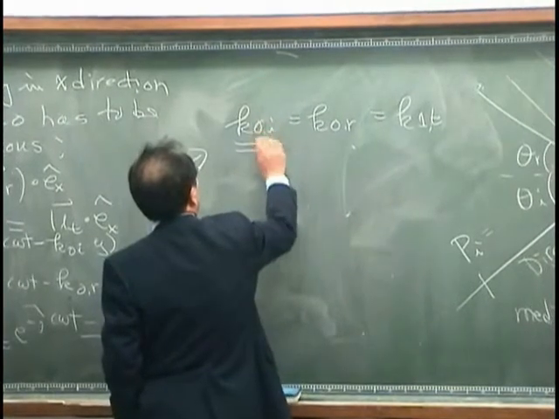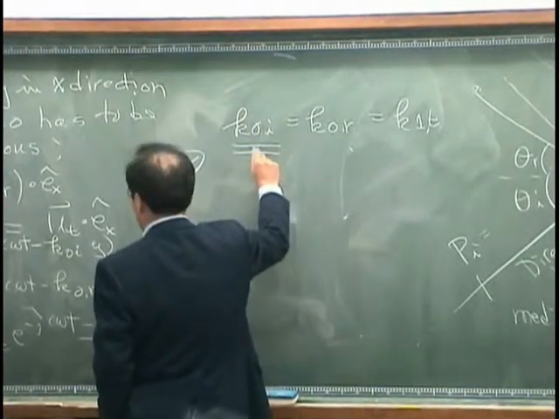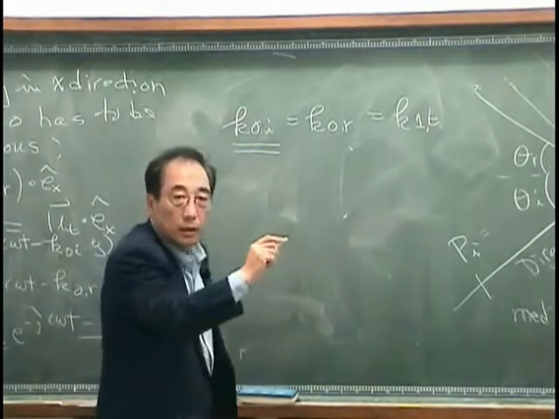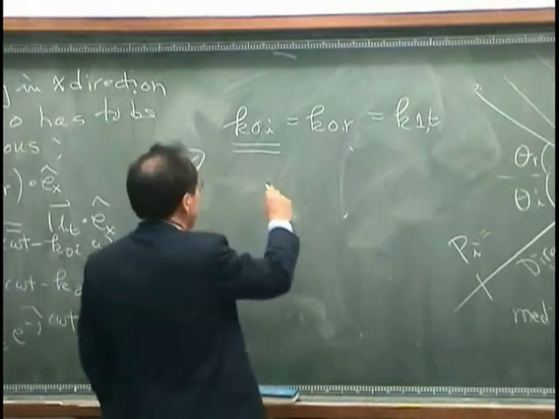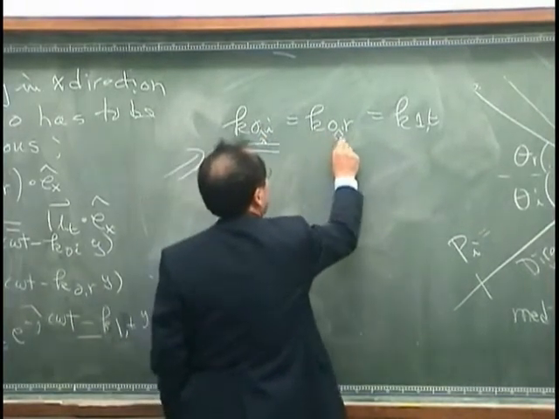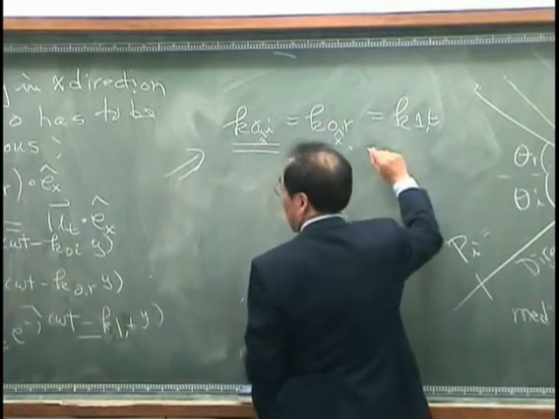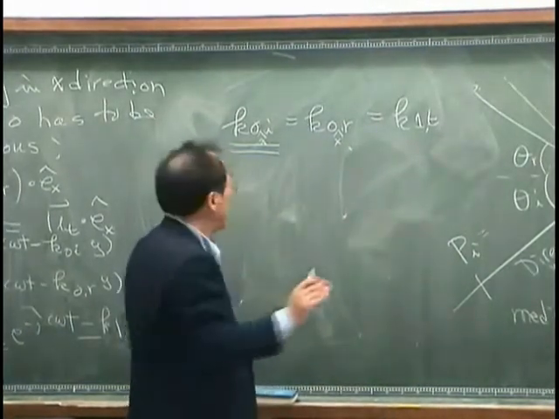K0XI, right? K0, but in X direction. Oh no, Y? K0Y.